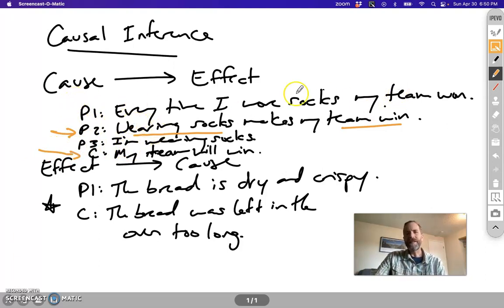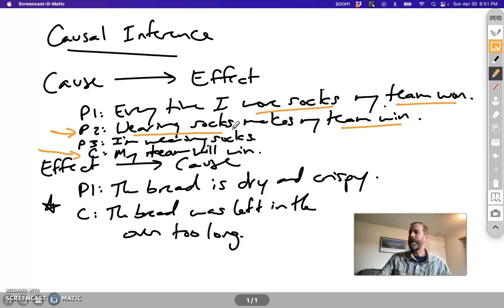But this is a fallacy, because this is a false cause. While there does seem to be a correlation between wearing socks and one's team winning, we know that's not a causal relationship. It's just a lucky occurrence. There are other causal factors at play, most likely including how the team did that day and so on.